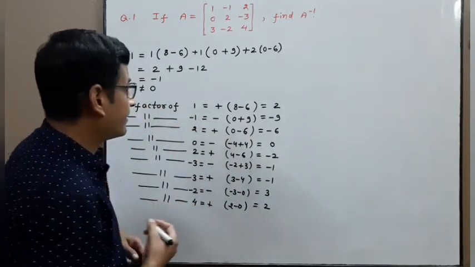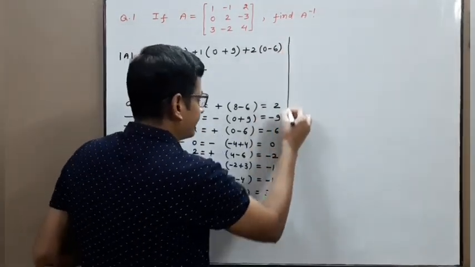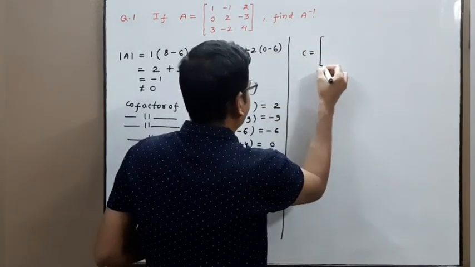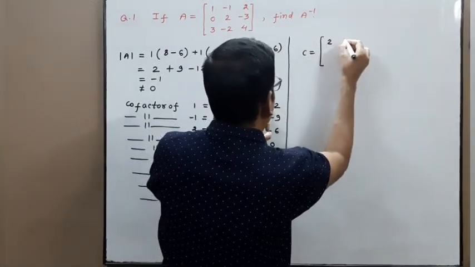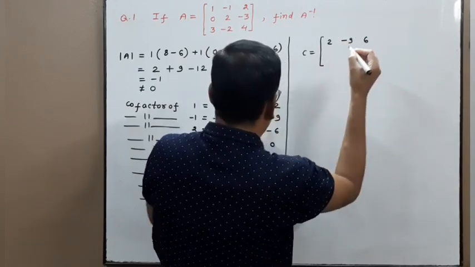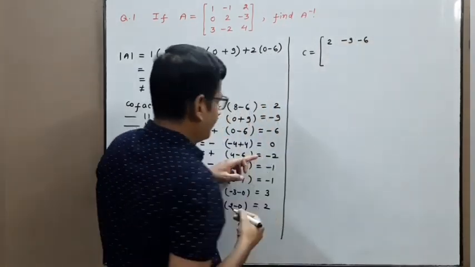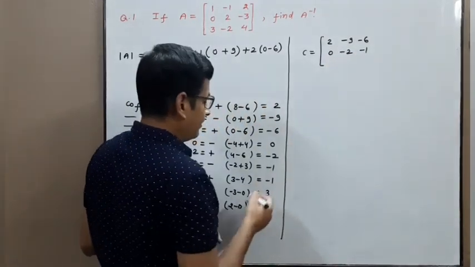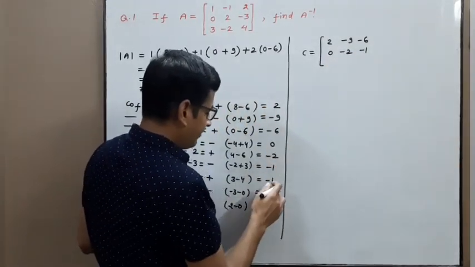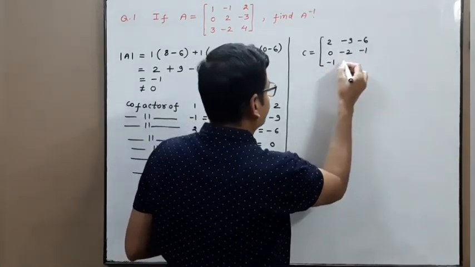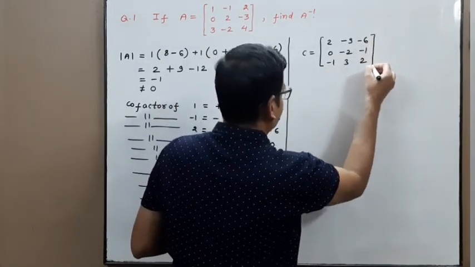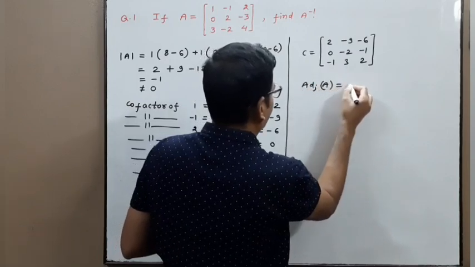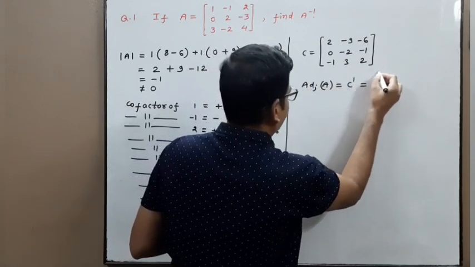So these are cofactors. Now write cofactor matrix. Cofactor matrix is equal to 2 minus 9 6, minus 6, sorry, 0 minus 2 minus 1, 0 minus 2 minus 1, minus 1 3 2. Now write adjoint A. Adjoint A is equal to transpose of cofactor matrix.